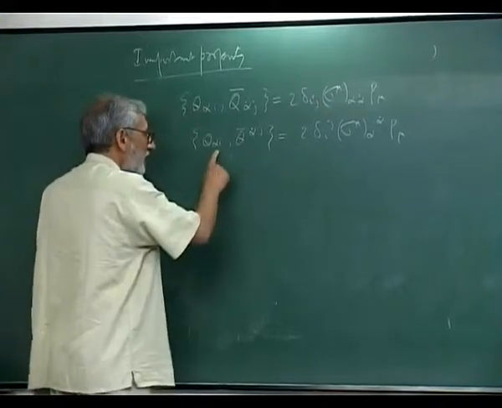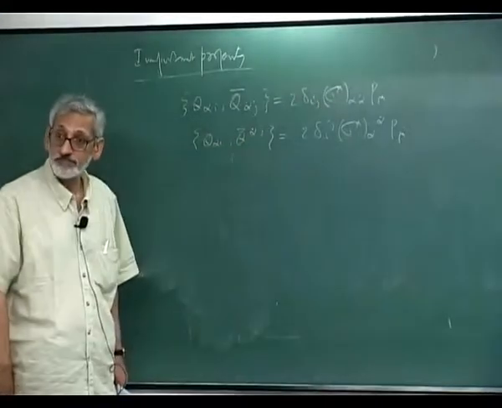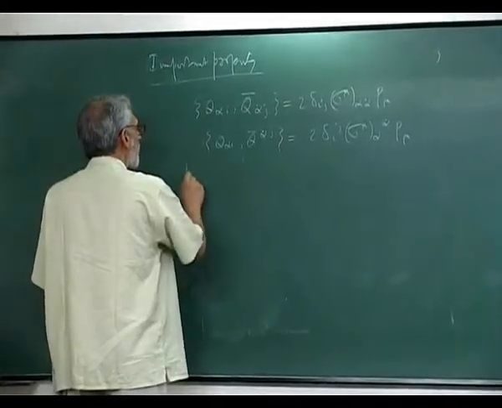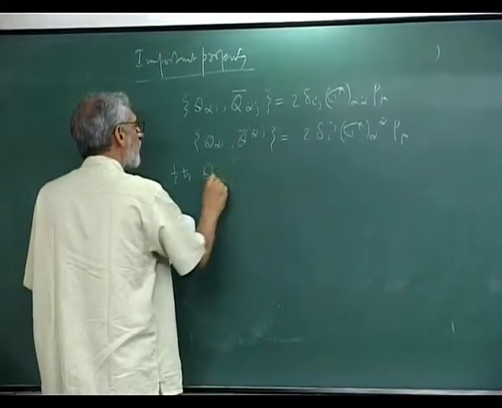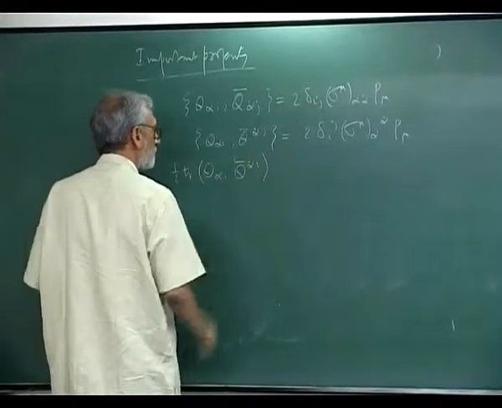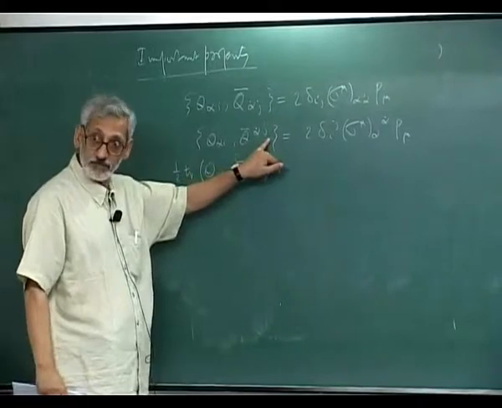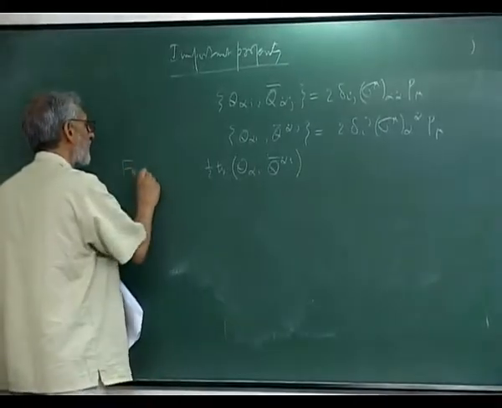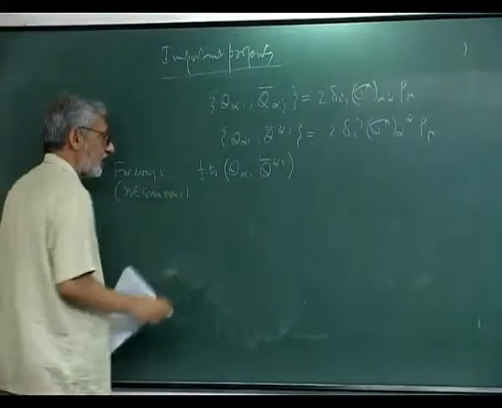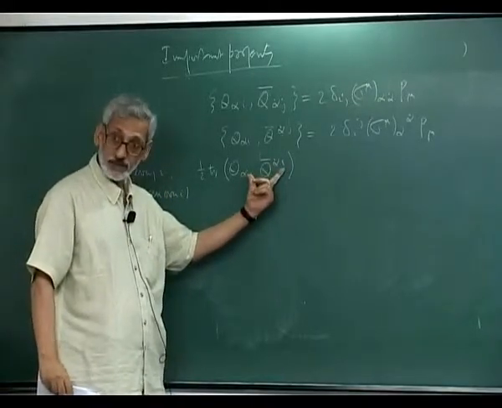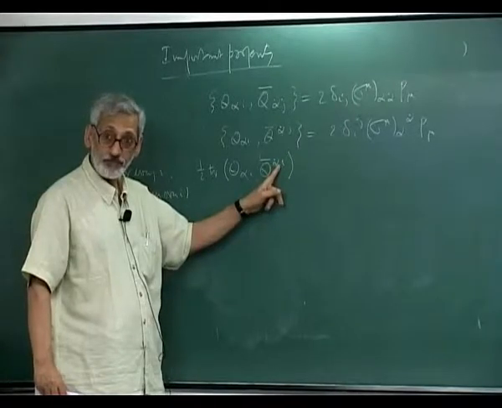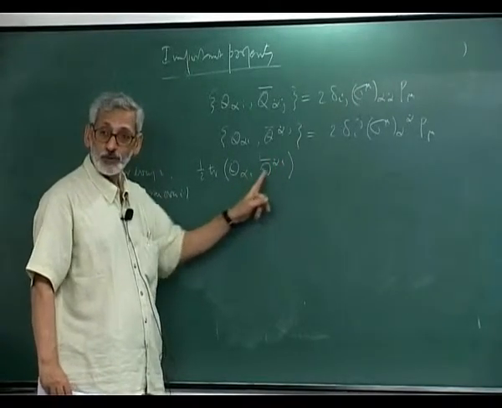Now let me take alpha and alpha dot the same and sum it up, and that I will call, divided by half, the trace of Q alpha I Q bar alpha dot I. Take I and I the same, for every I. That means no sum over I. For every I, take the same I, take alpha and alpha dot to be the same, which means if it's 1, this is 1 dot, this is 2 dot, and sum them.